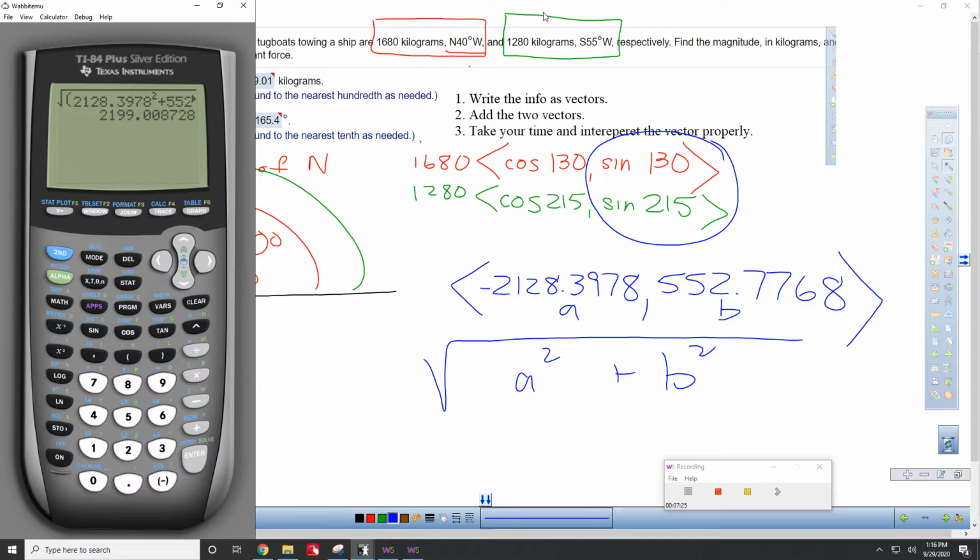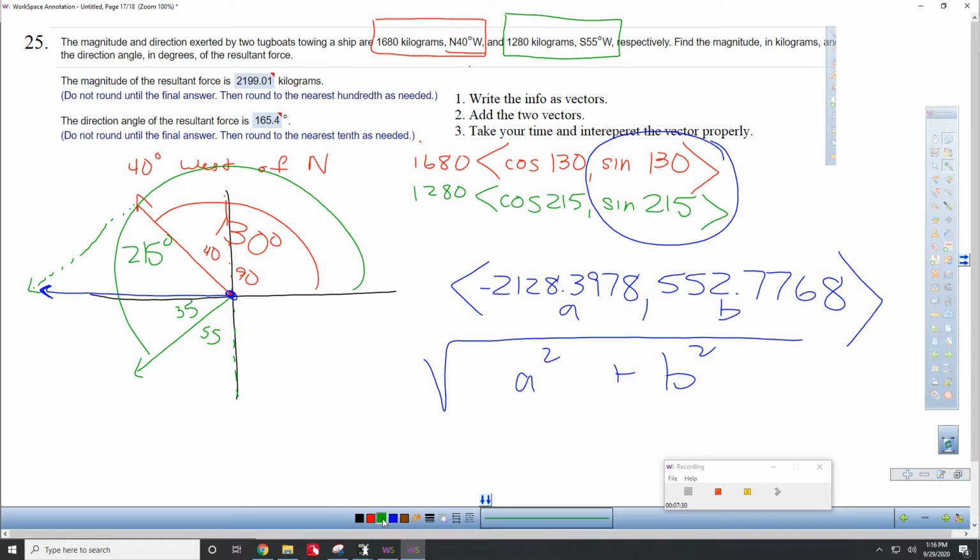Okay, now, this is your vector. You've got like this little right triangle here. We're going left this much, and we're going up this much. So in order to find the angle, we use tangent inverse.